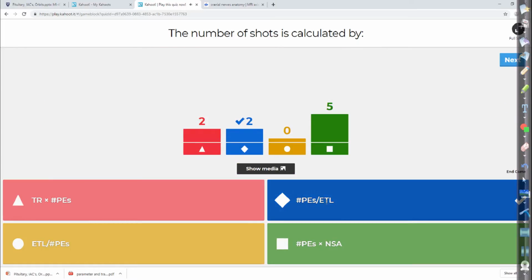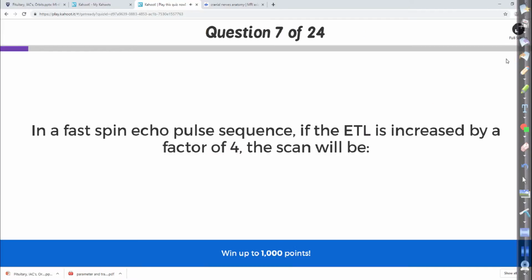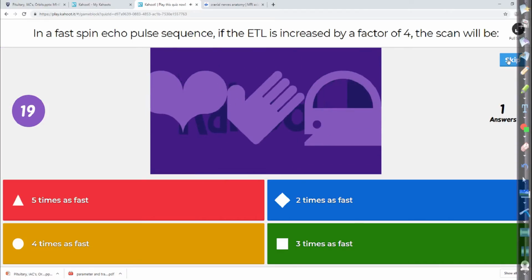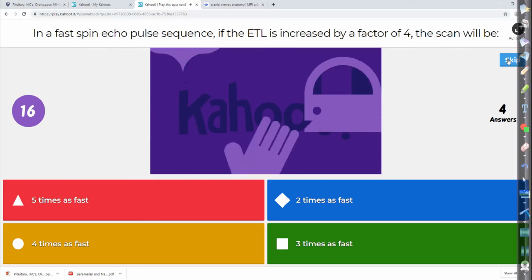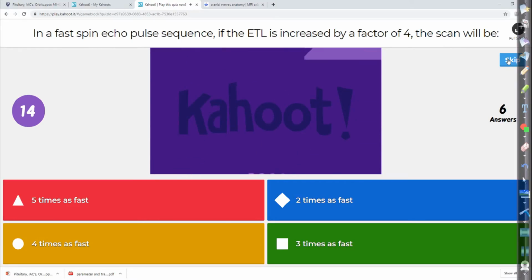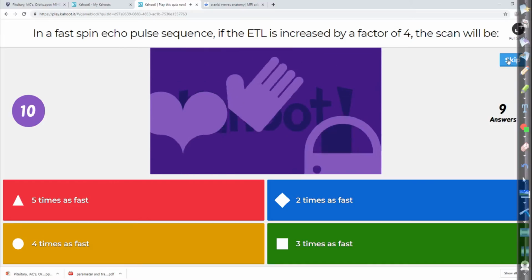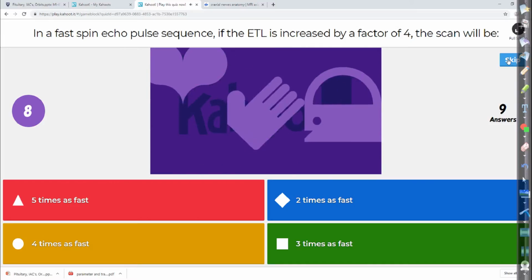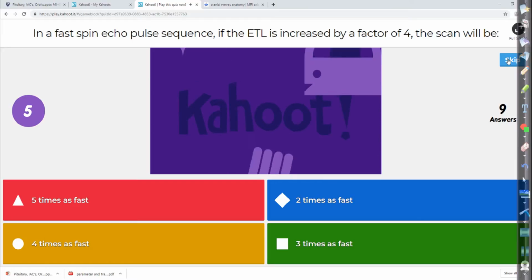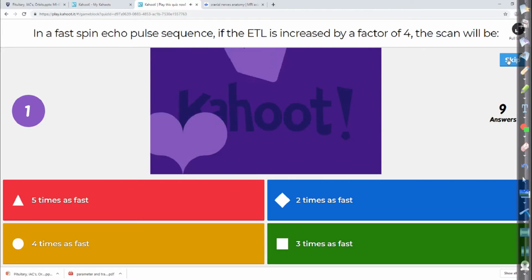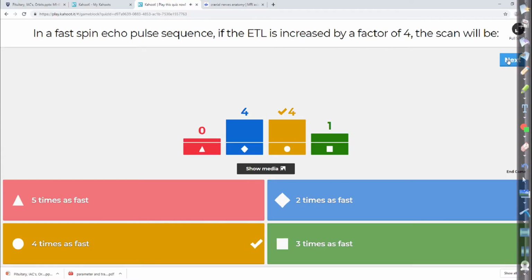Okay. Phase encoding is divided by echo. 4 times as fast.